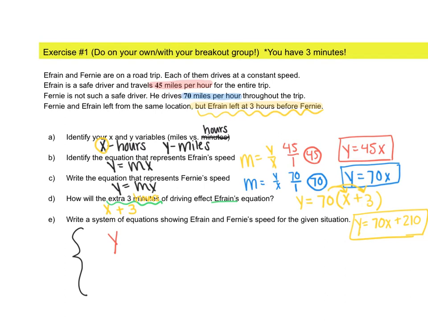So for Fernie, we had y equals 45x. And for Efrain, we had y equals 70x plus 210. And what that means is that this person's probably going to go 210 extra miles before Fernie even leaves. And please check your work with my work before we move to exercise number 2.